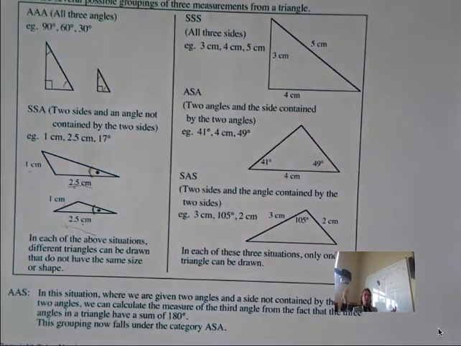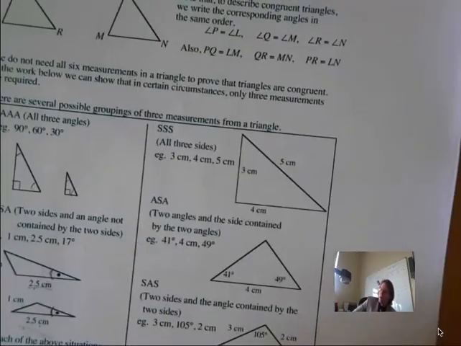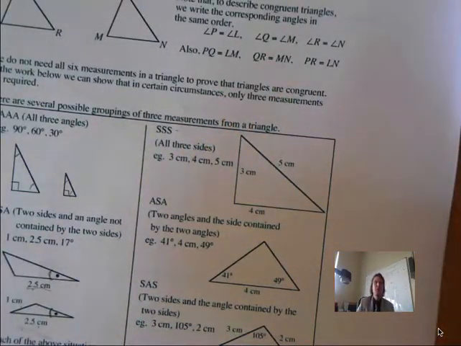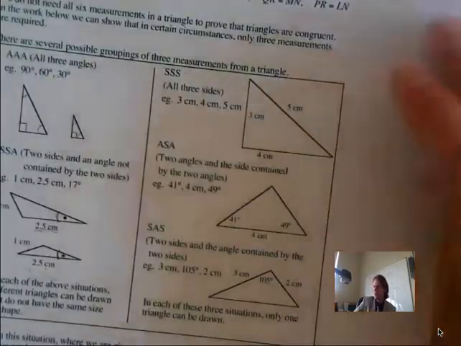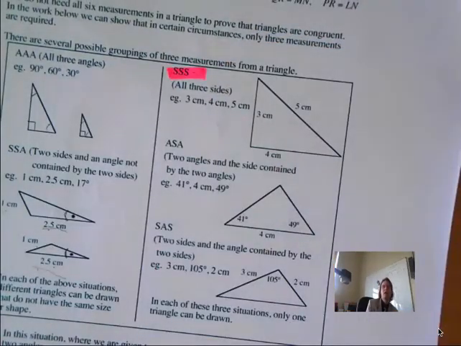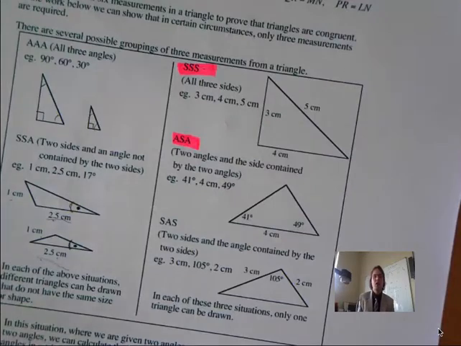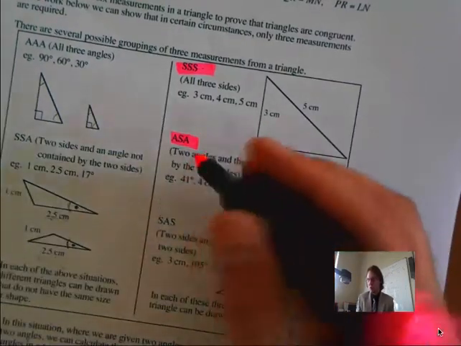So what do we need to work? Well, side, side, side. If all three sides are the same, then it will be a congruent triangle. Okay, so here's one of the main ones that works. Side, side, side. The next one is angle, side, angle. Angle, side, angle is also needed to be a congruent triangle. So you could have two angles on the side.